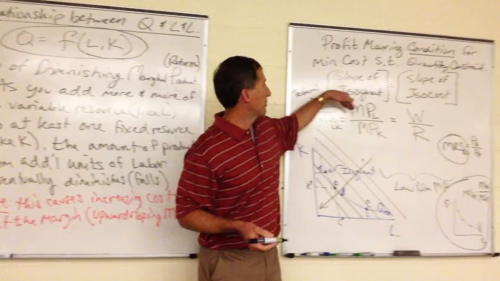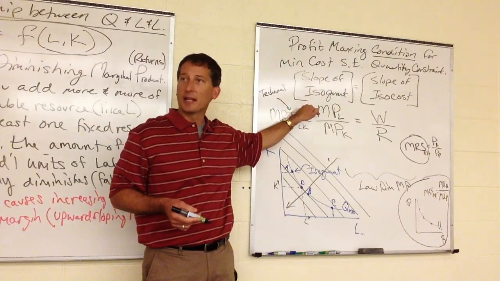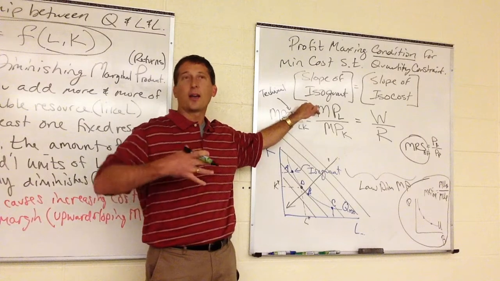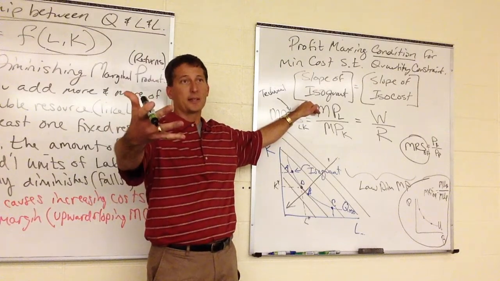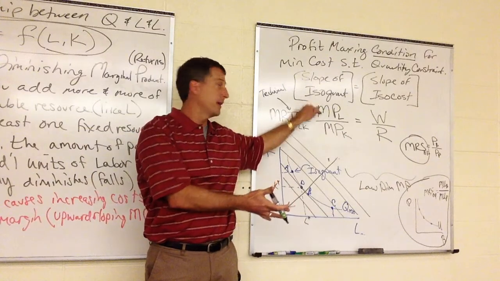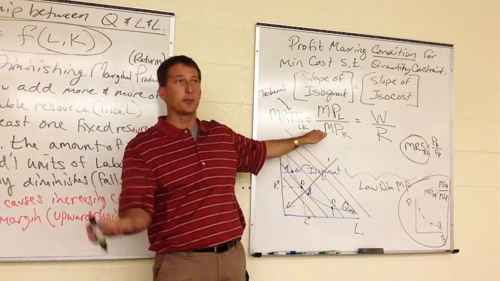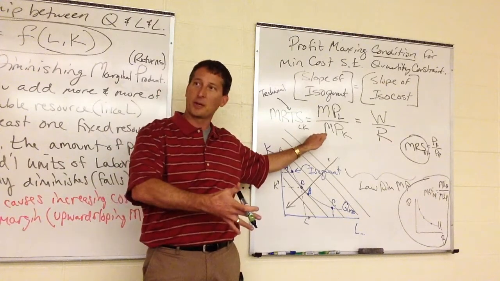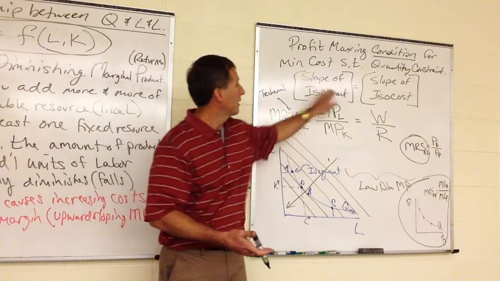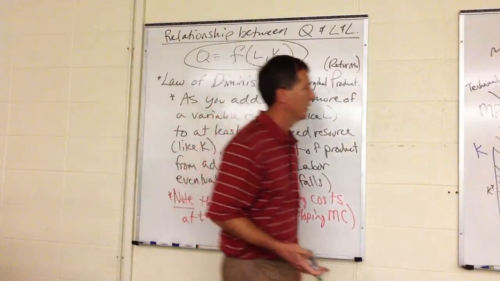So again, marginal product has nothing to do with prices. It's an engineering concept. If I hold capital constant and add another unit of labor, how many more erasers do I get? If I hold the amount of labor constant and add another machine, how many more erasers do I get, right? So the marginal rate of technical substitution gives us that.